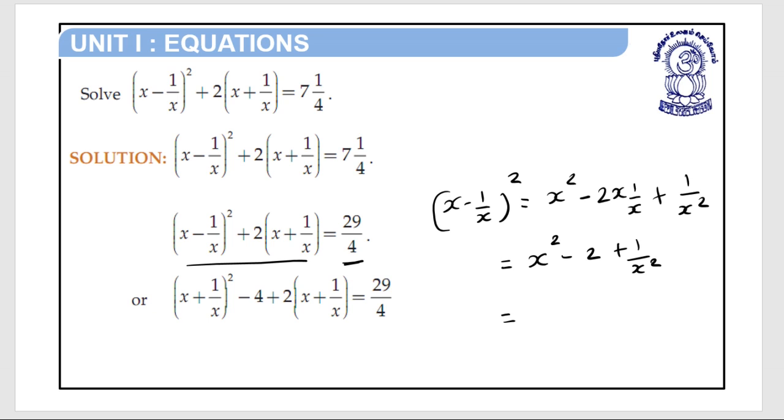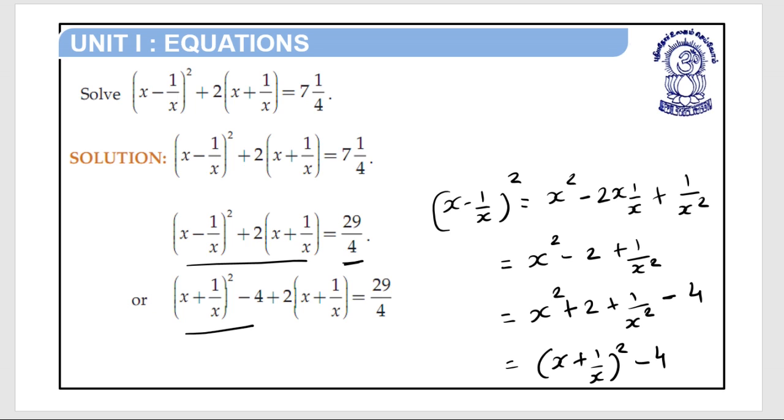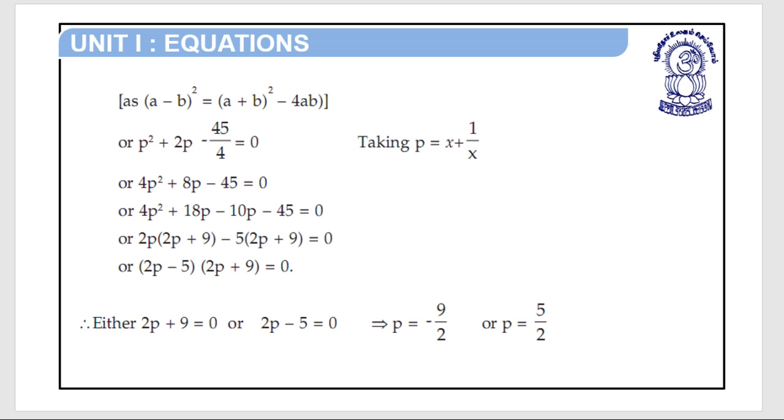In terms of plus, we can write x square plus 2 plus 1 upon x square minus 4. So (x plus 1 upon x) whole square minus 4 plus 2(x plus 1 by x) is equal to 29 by 4. Now consider p is equal to x plus 1 by x.